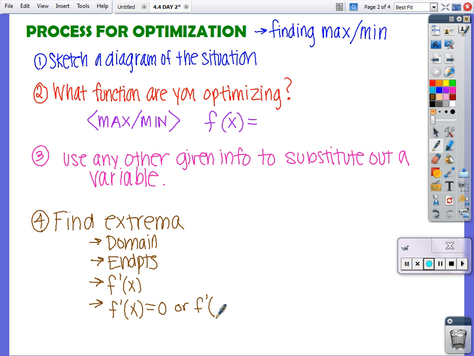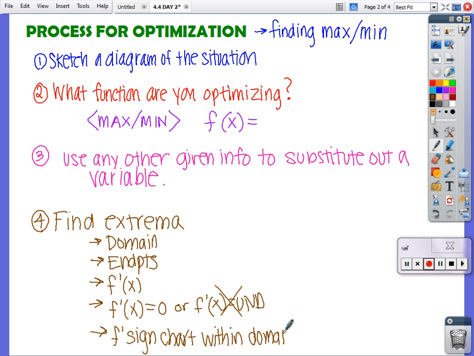And what's really nice about these problems, because they're real life problems, we tend not to have to worry about the undefined. Because we're doing extrema, I still follow the same process where I don't want to forget to think about undefined when I do extrema. And then we do the f prime sign chart within domain, using endpoints.